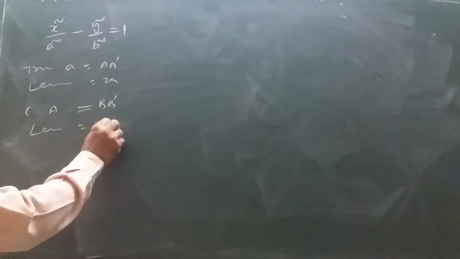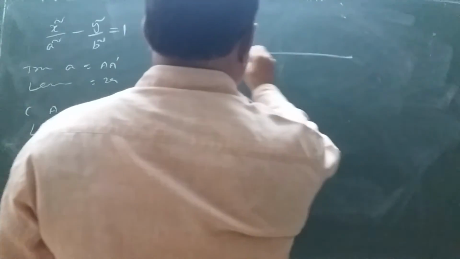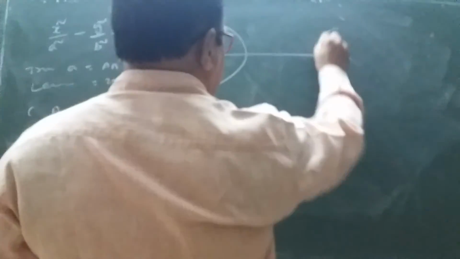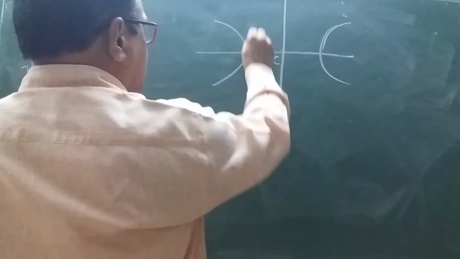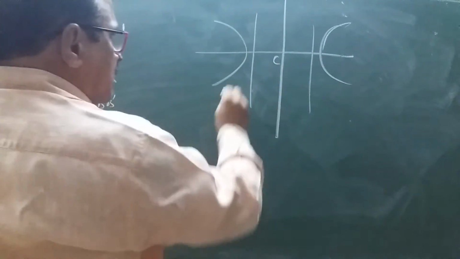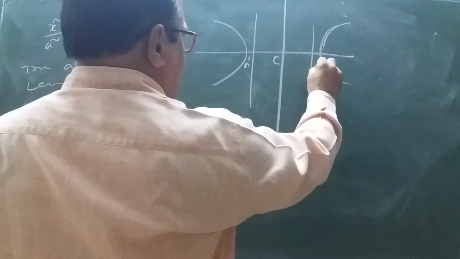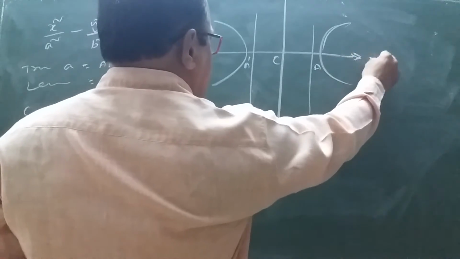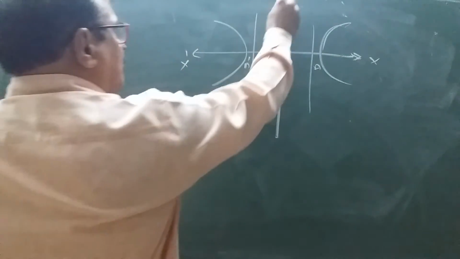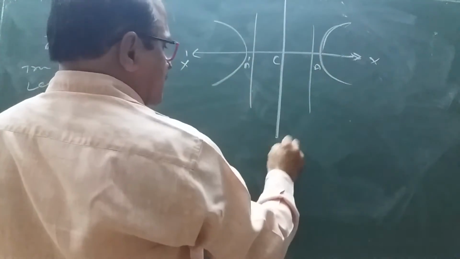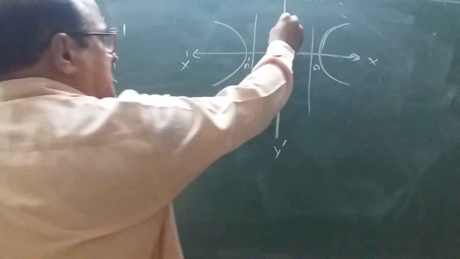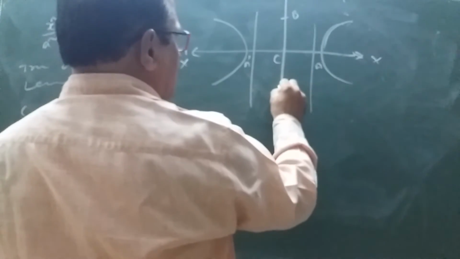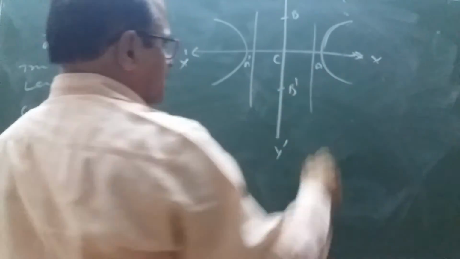Here we will change one thing. If we draw a hyperbola with the center C, here A dash A along the x axis, and y dash y along the y axis, suppose this is b and this is b dash.